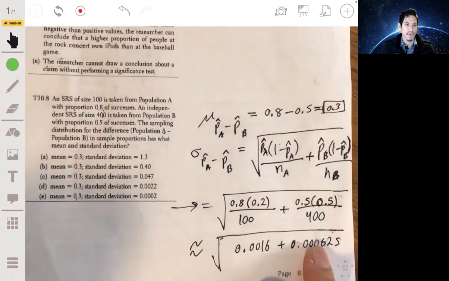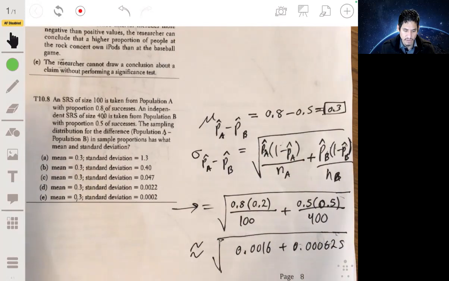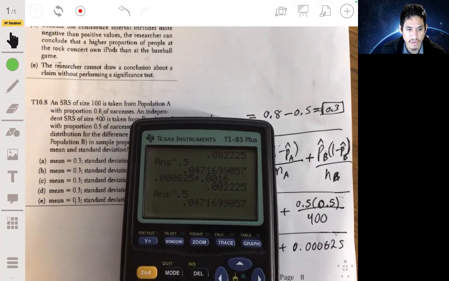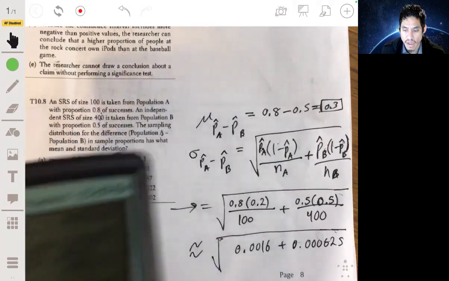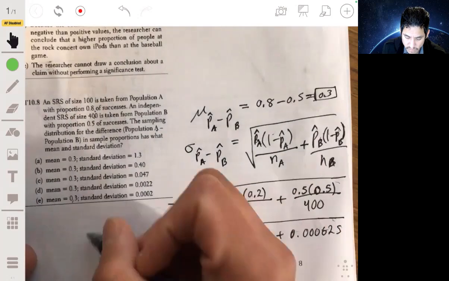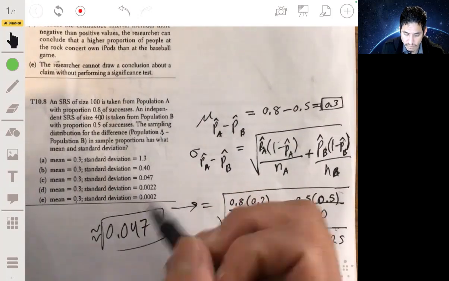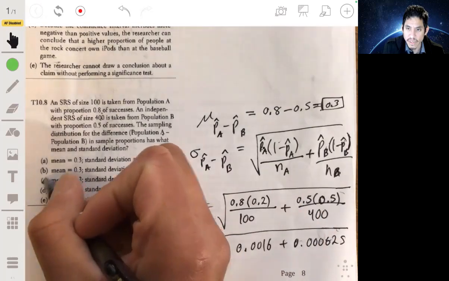This is just the algebra part, so you shouldn't have issues with this. And taking the square root, you get about 0.047. And so the answer will be E or C.